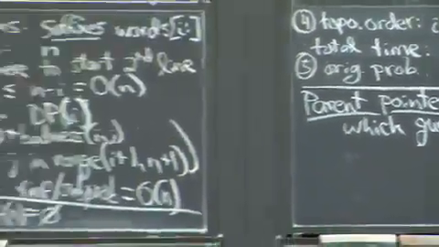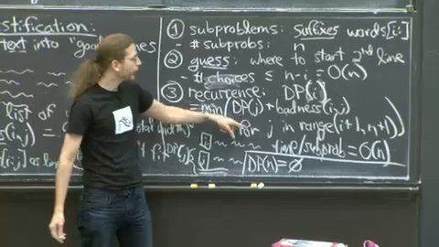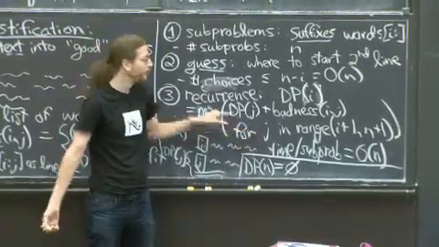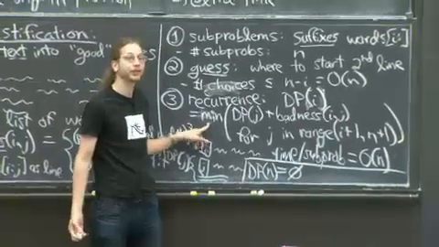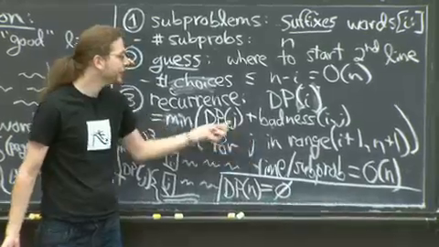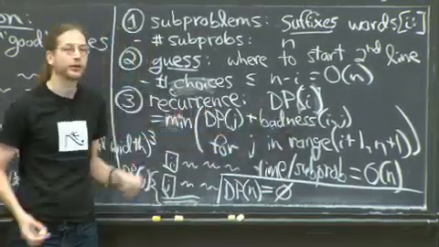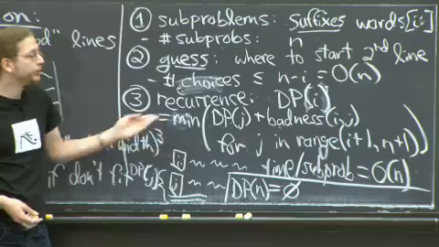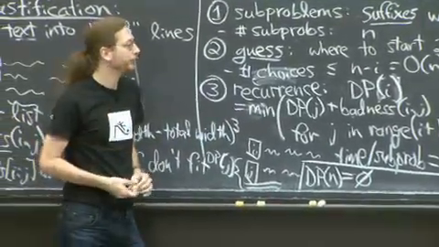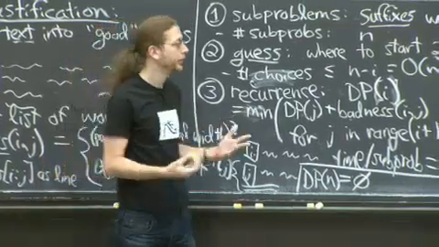So when we compute this min, we're trying all choices of j. One of them, or maybe more than one, but at least one of them actually gave you the min. That's usually called the argmin in mathematics. It's what was the value of j that gave you the minimum value of this thing. So when you compute the min, you're iterating over every single one. Just keep track of which one was the best. Call that the parent pointer.